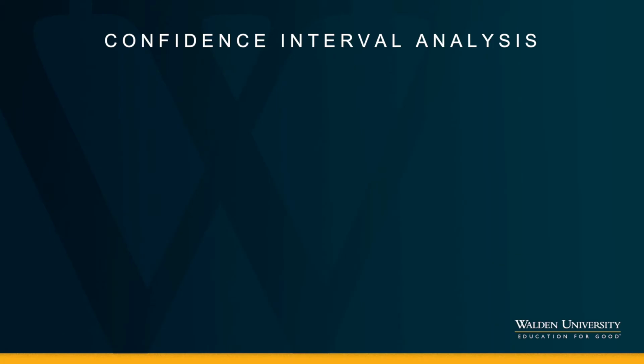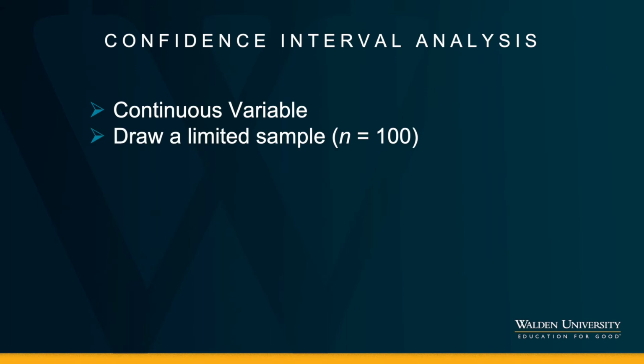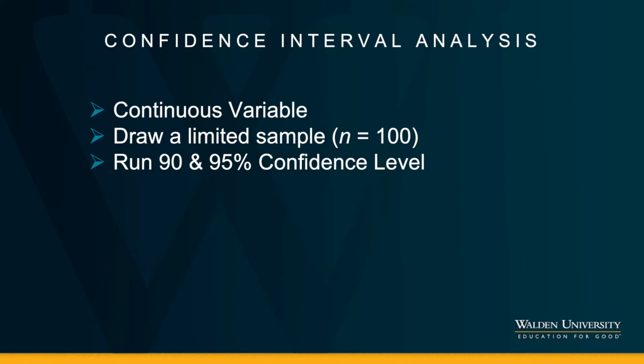And here we are. I recommend that you work exclusively with a continuous variable, as a confidence analysis of a categorical variable is not adequate. Draw a limited sample of 100. We'll run both the 90 and the 95% confidence level.